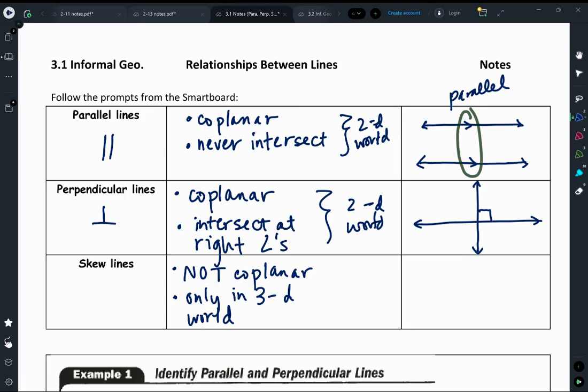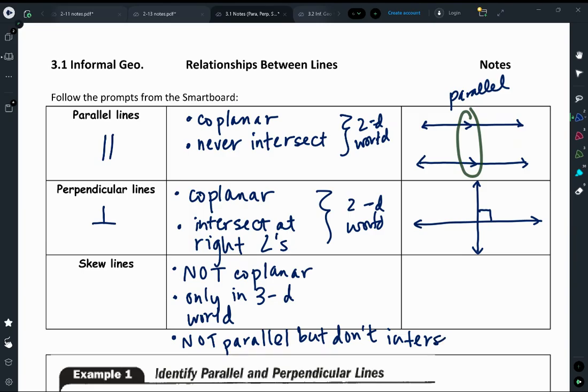And that's the weird part about them, is that they are not parallel and they don't intersect. So it kind of seems like you'd either have to be parallel or you'd have to intersect, right? But that's only when we're looking flat.